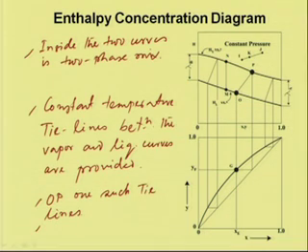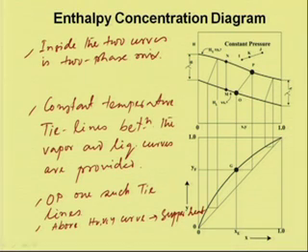So, above the HV versus Y curve is the superheated vapor, and below this line is the subcooled liquid, any point below this HL versus X curve.